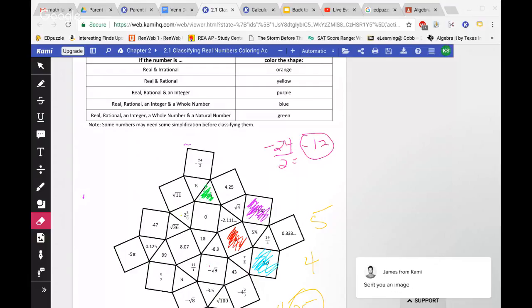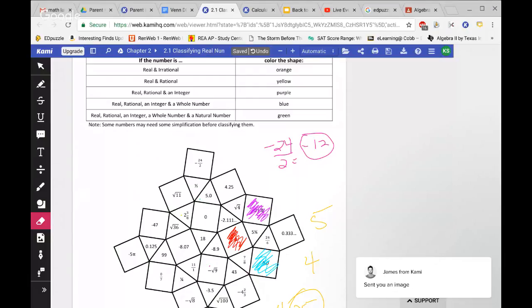Currently I have the classifying real numbers coloring activity up, but if you have questions on any of the others, I can help you with that.